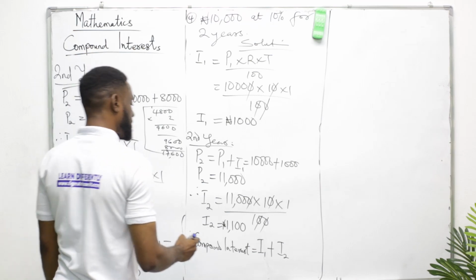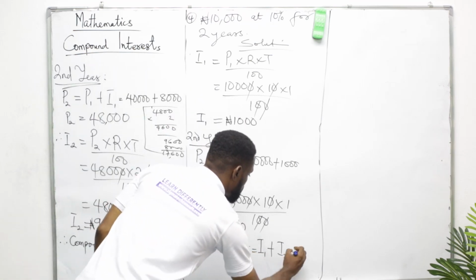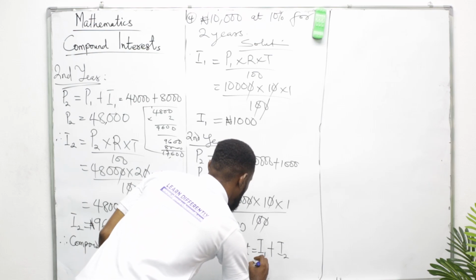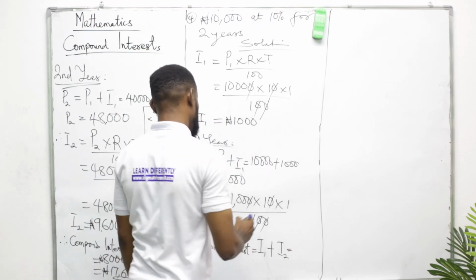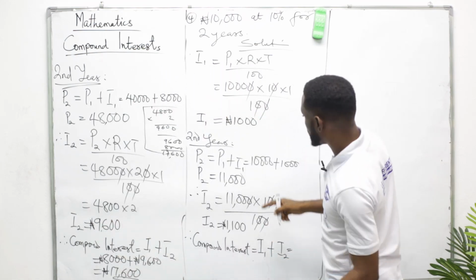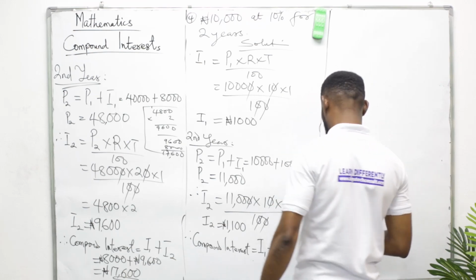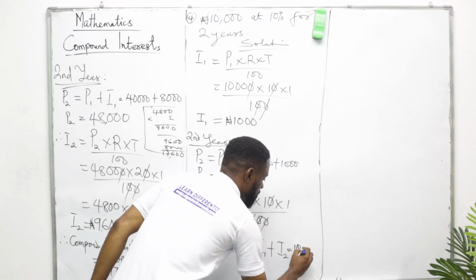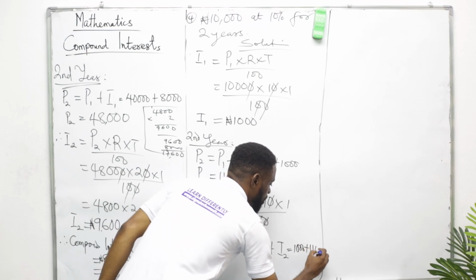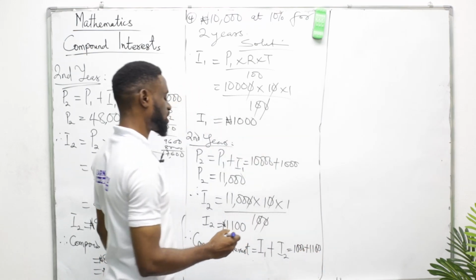Is that okay? All right. So this gives us, let's have it here, the interest of the first year is 1,000. So 1,000 plus 1,100. Is that okay now?